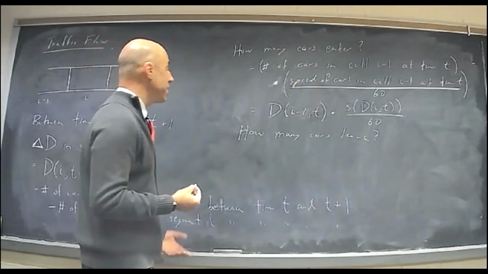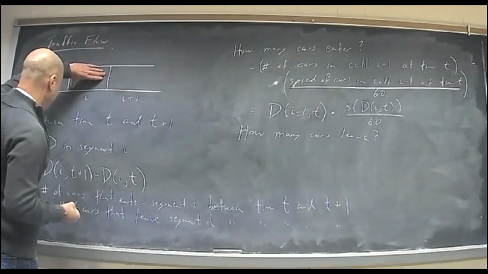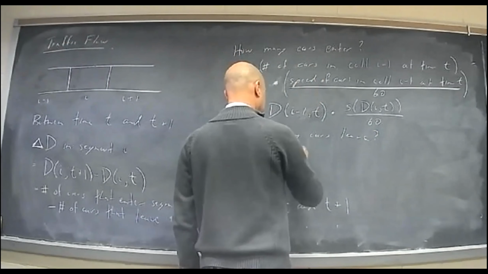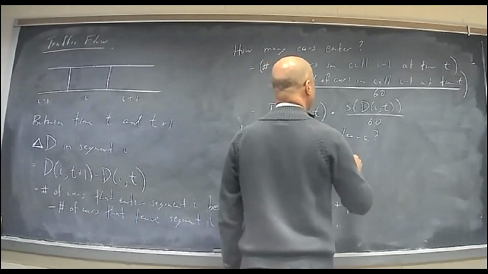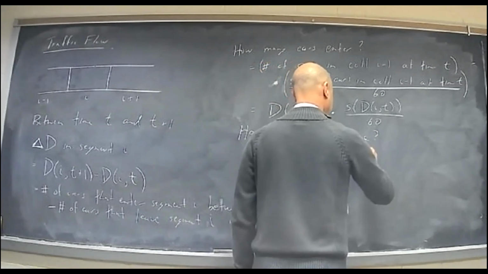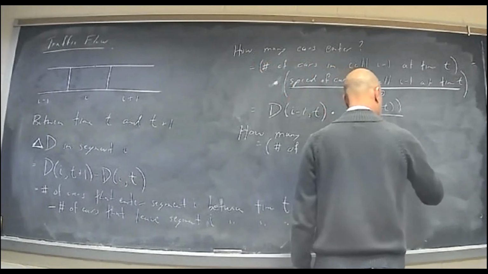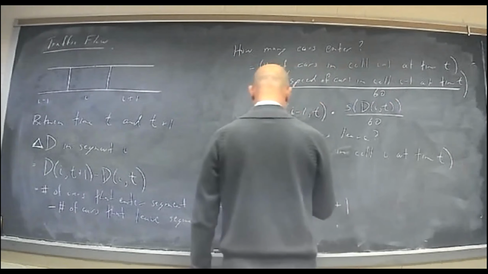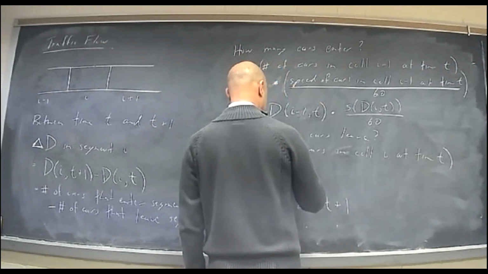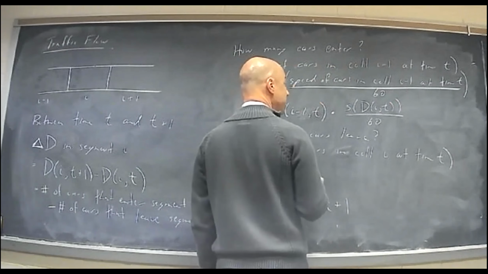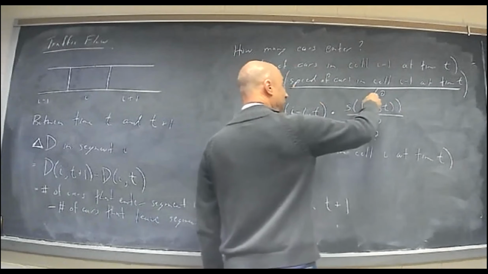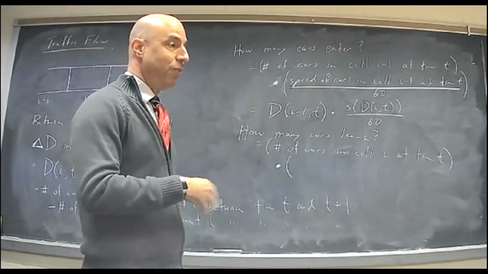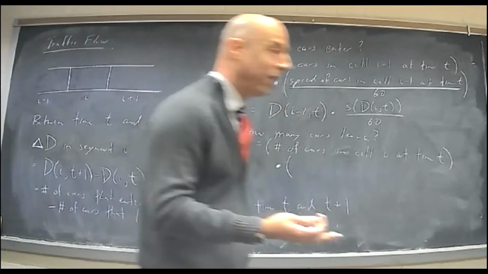It's the number of cars in that same cell at time t, times the speed of cars in cell i at time t divided by 60. Again, divided by 60 because instead of miles per hour, you're talking about miles per minute.